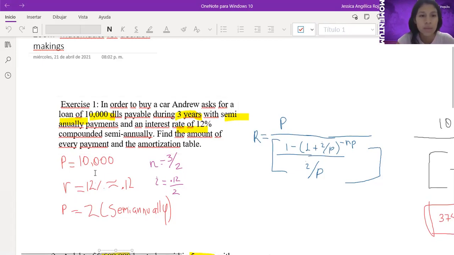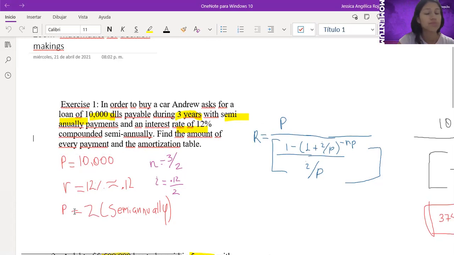So the first step is to identify what is important for this problem. The present value P is 10,000. For the interest rate, R is equal to 12%, that is 0.12.